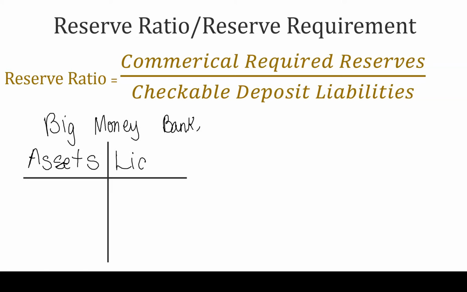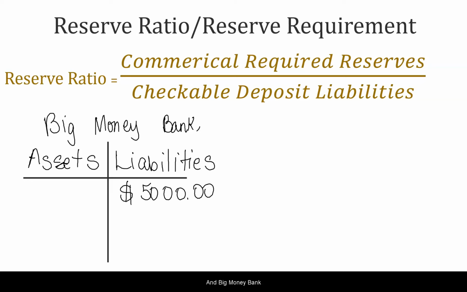And on your right, you have liabilities. So let's say that a customer would like to deposit $5,000 into their checking account. And Big Money Bank is required to hold $500 from that $5,000 deposit.